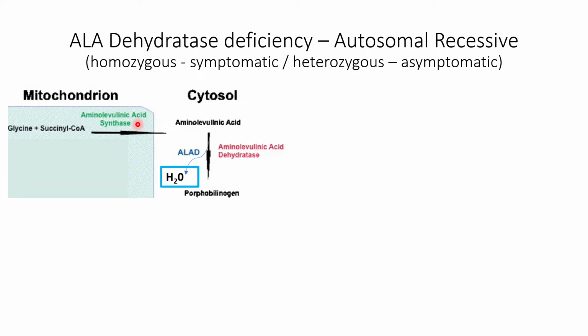Here let me point out that succinyl-CoA, an intermediate of the TCA cycle, is being used for synthesis of heme.